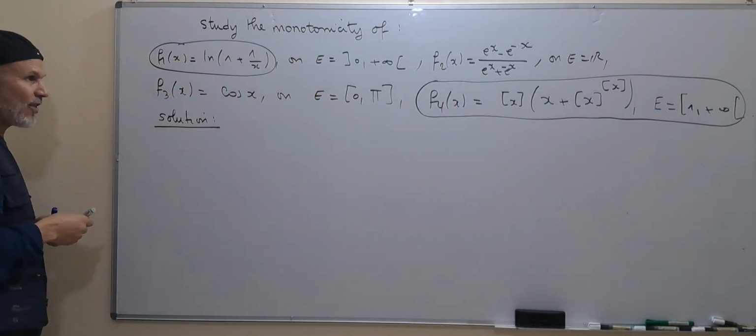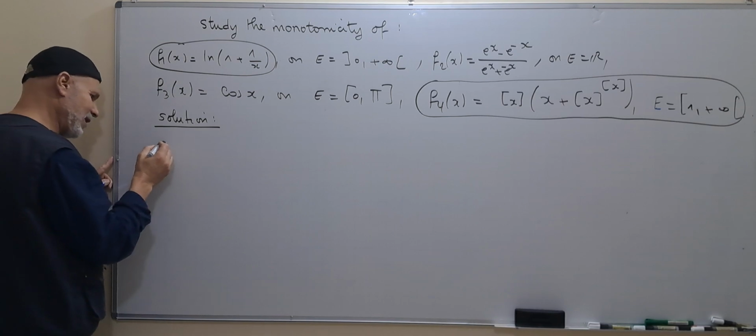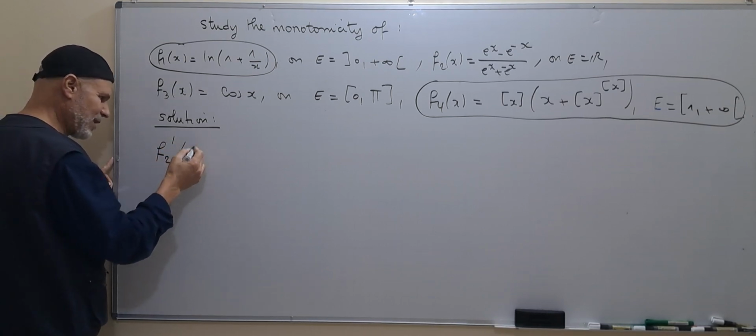f2 is smooth enough, so we calculate the derivative, f2 prime of x.